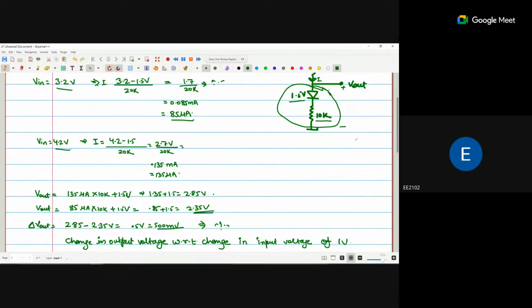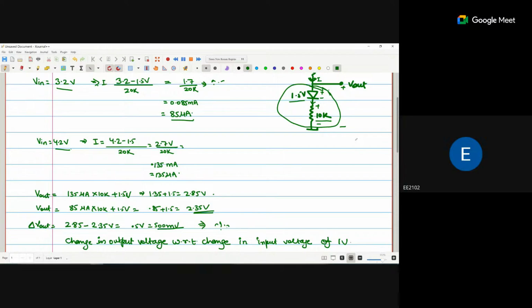And if we see the polarity, so this becomes plus, this minus. The direction of current is this one, so that means this terminal is plus, this is the minus. So plus minus plus minus, so that means the overall voltage will be the addition of these two voltages. If the direction of diode is reverse, or basically the flow of current is reverse, then check the polarity, and if the polarity is like positive connected with positive or negative connected with negative, we subtract the voltage.